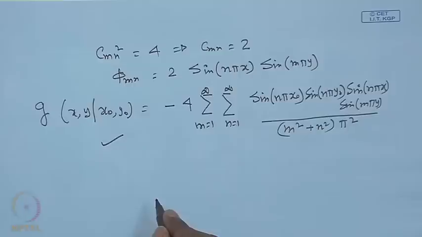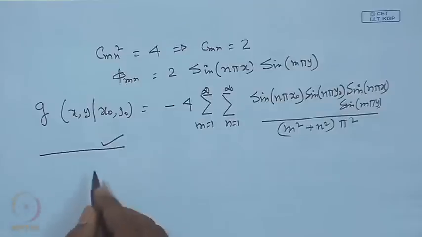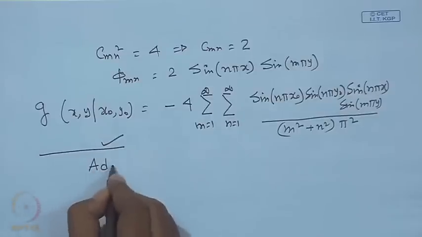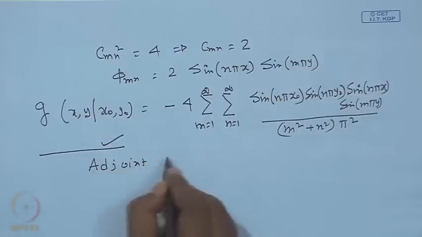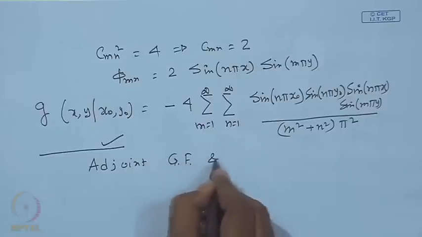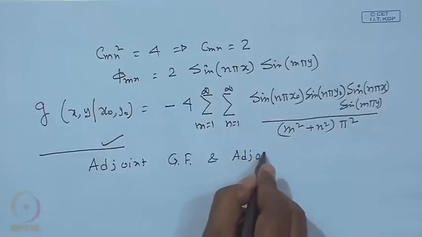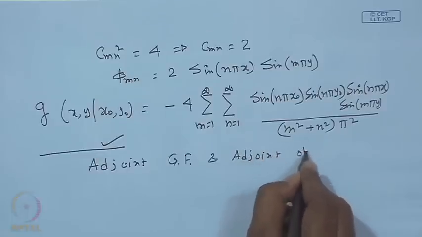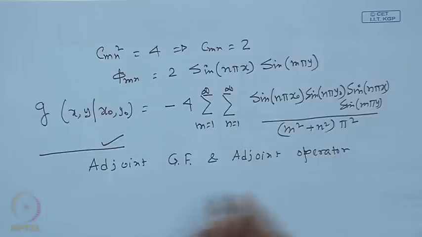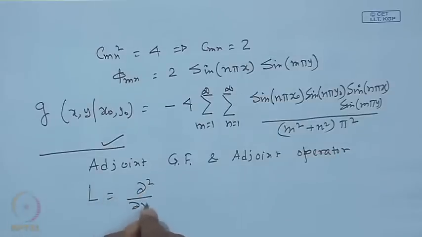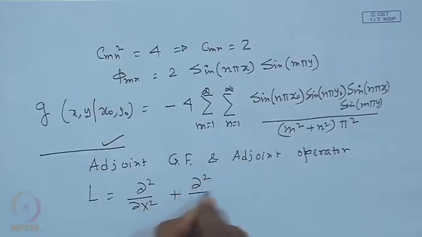Now, next what do we do? We look into the adjoint Green's function and see whether the operator is self adjoint or not. So, next I will take a diversion and we will look into the adjoint Green's function and adjoint operator. If you look into our operator L, this is a Laplacian, del square del x square plus del square del y square.